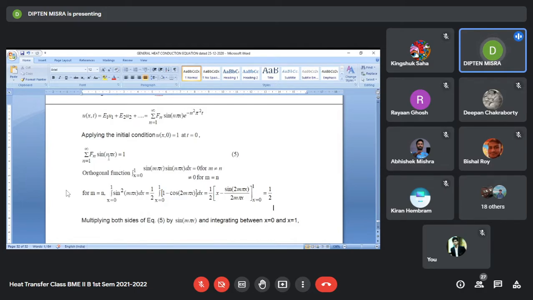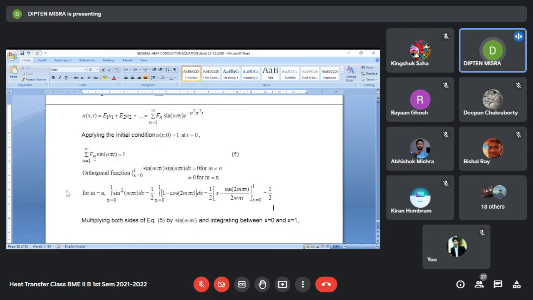That will become equal to half. The integral of sine square of 4 pi x dx will be half. So it will be f4 into sine square of 4 pi x, which when integrated over 0 to 1 becomes half. So f4 by 2 will be equal to the integral of sine 4 pi x dx. So what will be your F4? F4 will be equal to the integral of sine 4 pi x dx, into 2.